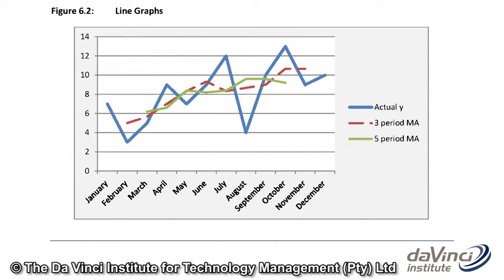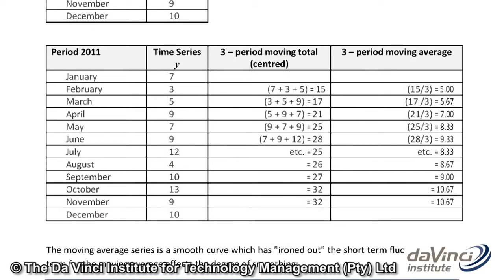When you compare the data in February and March, you see there is 5 repeating itself twice. In February and March. So there is 7 plus 3 plus 5, and then 3 plus 5 plus 9.